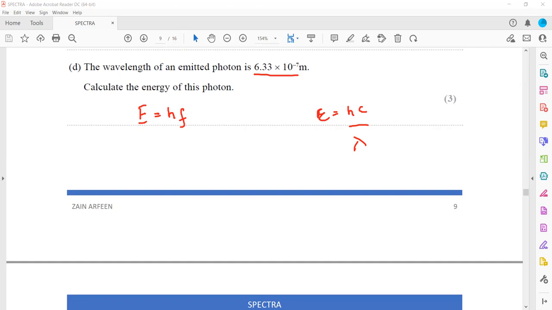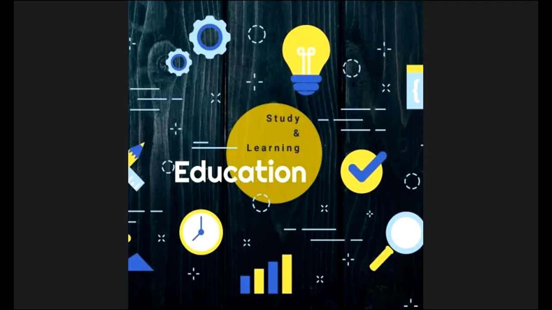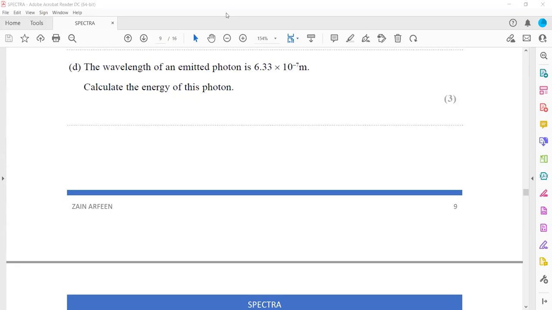So we just have to substitute these values. E = hc/λ, where h is 6.63 × 10^-34, c is 3 × 10^8, and λ is given in the question, which is 6.33 × 10^-7.